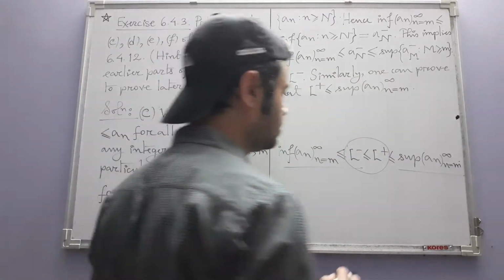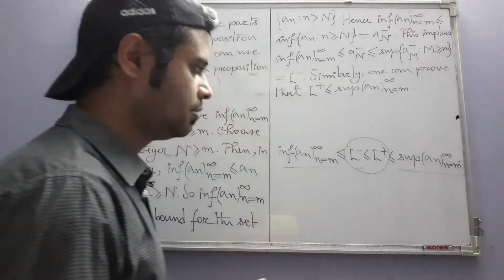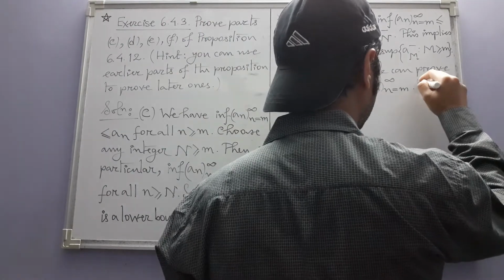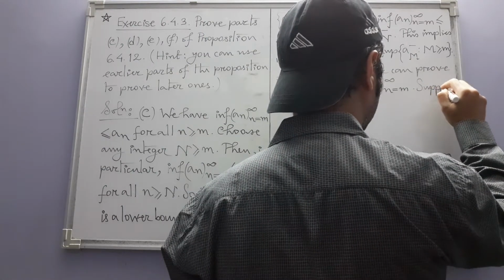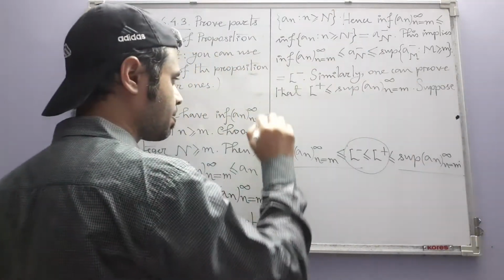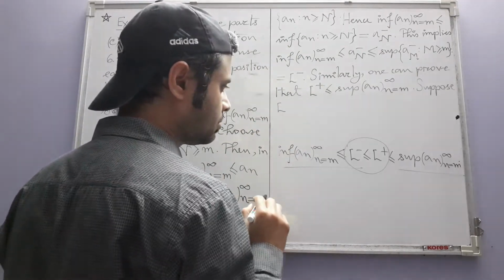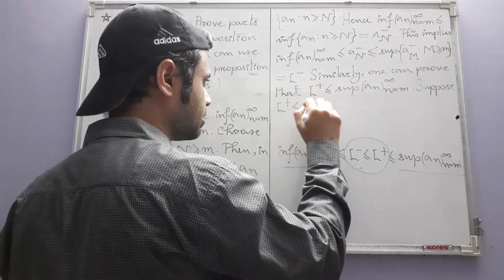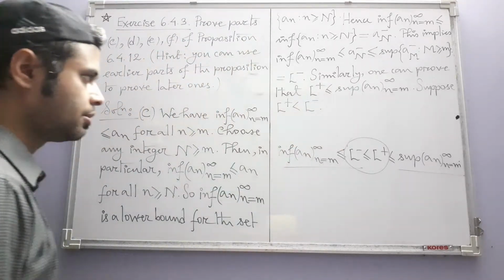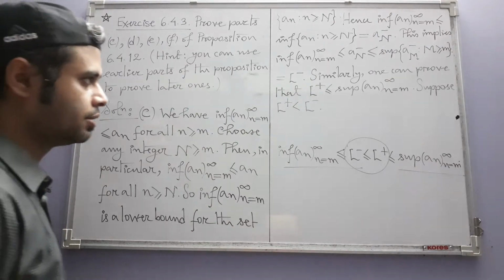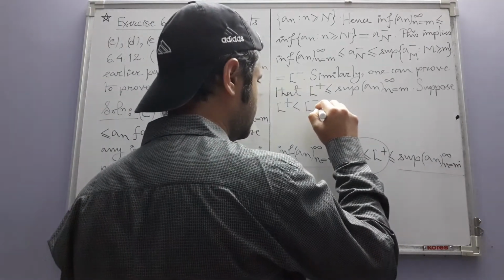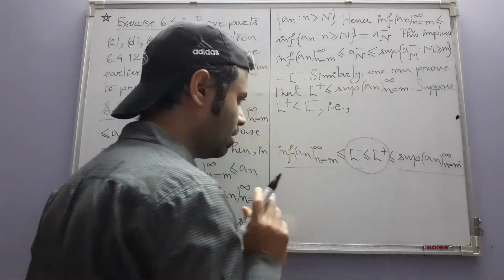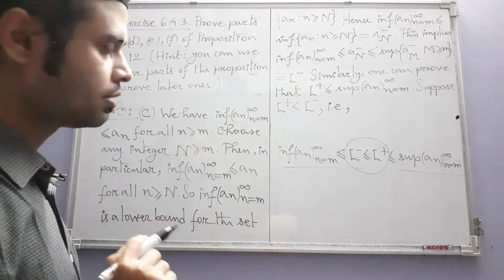Okay. And for this we will use proof by contradiction. Suppose that L plus is strictly less than L minus. The limit superior is strictly less than the limit inferior. That is, okay, so what is the definition of limit superior?